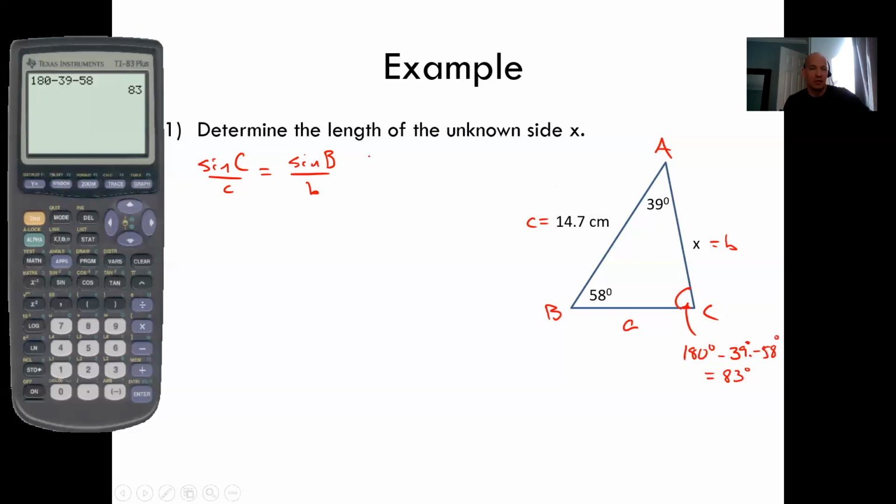Whenever you're doing sine law, you just need to use two of the three parts. So the way I'm going to solve this is to write sine of angle C, which is 83 degrees, over 14.7 centimeters, equals sine of 58 over B. Okay, so I have the variable I need to solve.